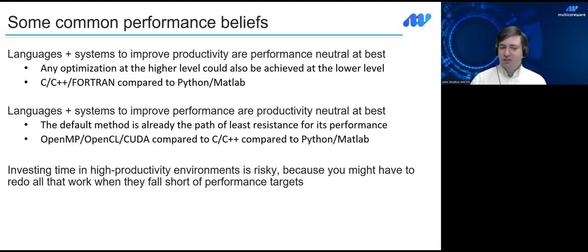Going back to the productivity curves that we just talked about, there's a common performance belief, in my opinion, that investing time in high productivity environments is kind of risky because you might have to redo all of that work when they fall short of performance targets. If you've got a certain performance target and you're not sure whether a C version of the application, without doing intrinsics and assembly level programming, is going to get you the performance that you need, you may not want to spend the development effort to optimize your vanilla C version.